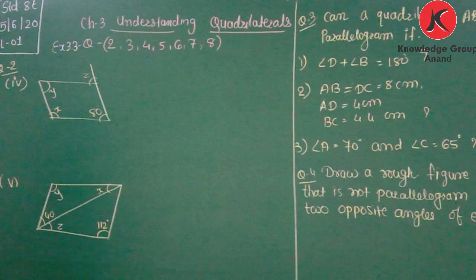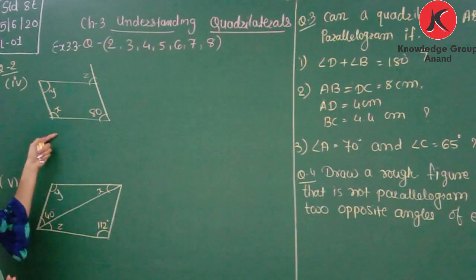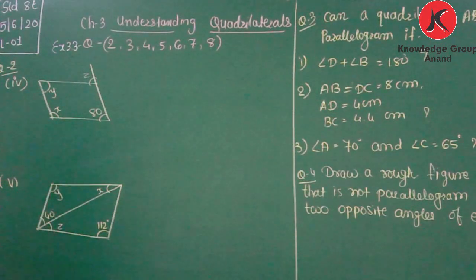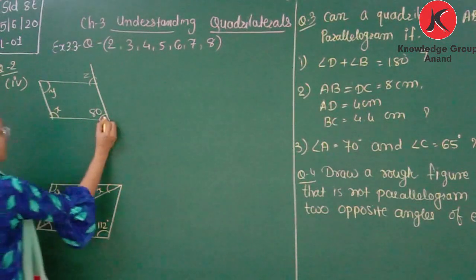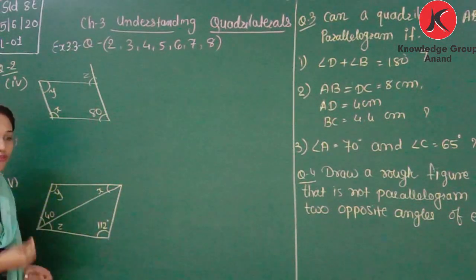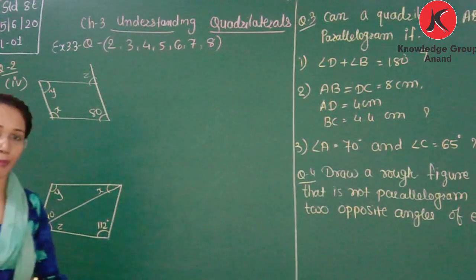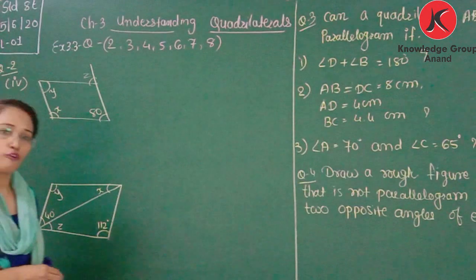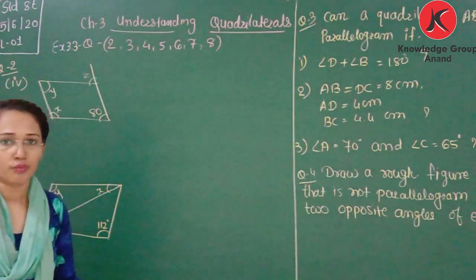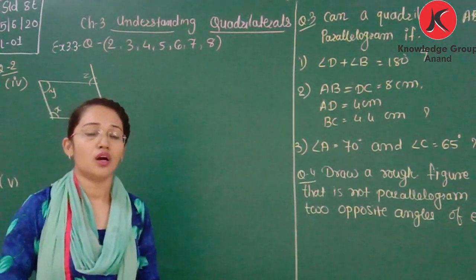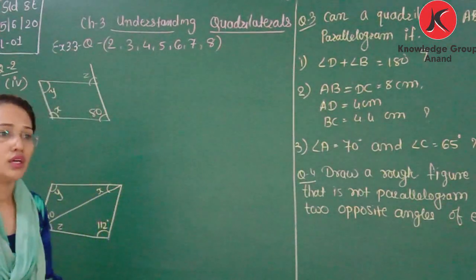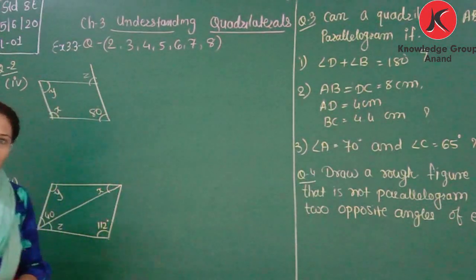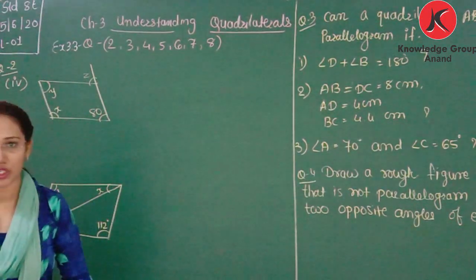So here a parallelogram is given and you need to find the unknown angles x, y and z. Okay, so here you can see this angle is 80. Now first of all, whenever you solve an example related to parallelogram, you need to remember the properties. 4 properties we have learned: opposite sides are equal, opposite angles are equal, adjacent angles are supplementary and diagonals bisect each other.